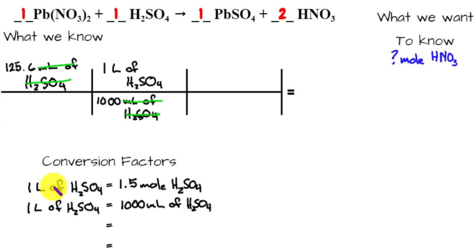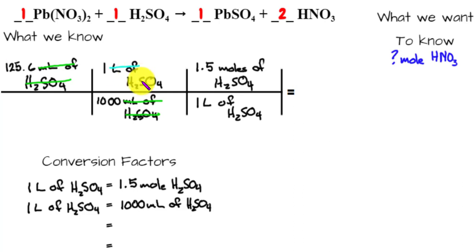Now I can go here, and for every 1 liter of H2SO4, I have 1.5 moles of H2SO4. I do that because I want liters of H2SO4 to cancel with liters of H2SO4, leaving me in moles.